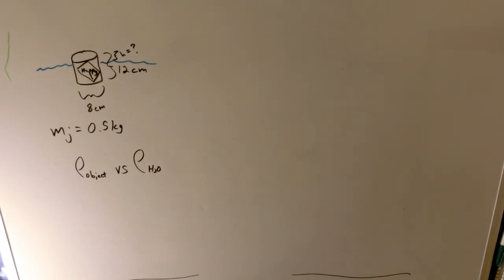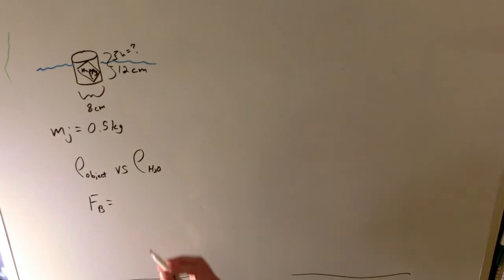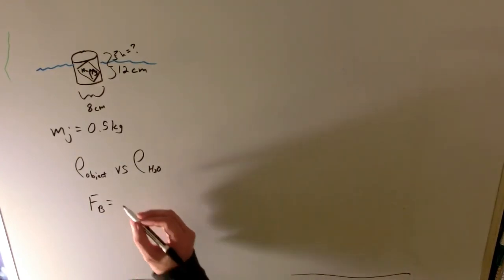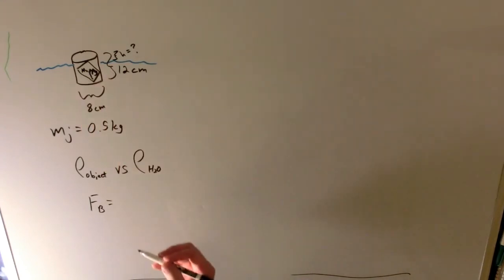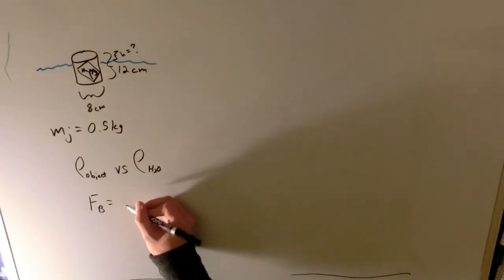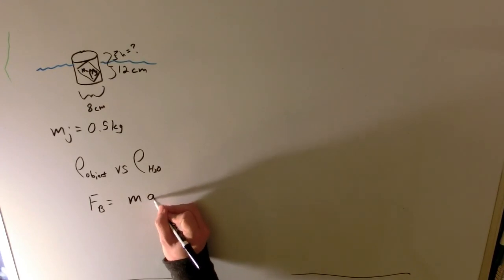Okay, well, the way we're going to do that is by actually looking at the forces involved. Now, the big thing that we'll need to know is the force of buoyancy. The force of buoyancy is basically equal to the weight of whatever fluid is displaced. So in this case, we're going to deal with the mg of the water that we have displaced by putting this jar into it.